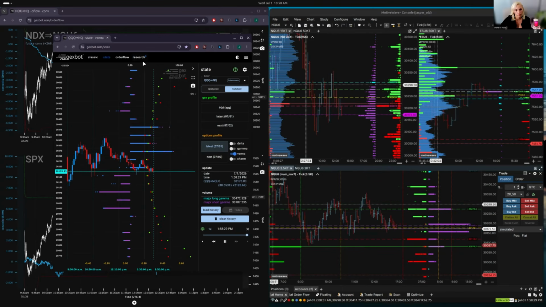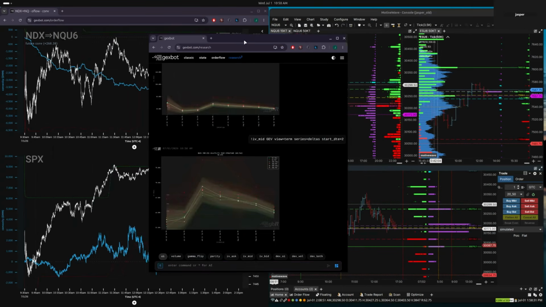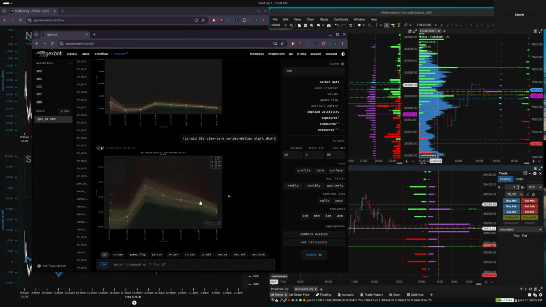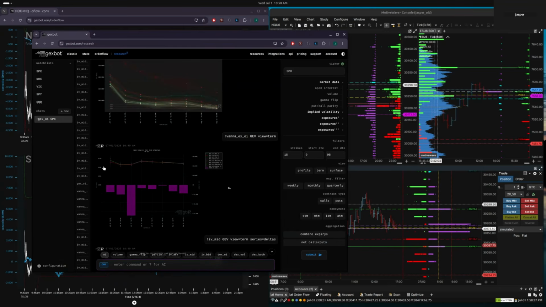But I think in general, the swing trading view is a bit better suited for looking at Vanna because you can see so much further out in time with this view. Yes. It's a lot more clear. It even gives you the dates and everything, which is much better.